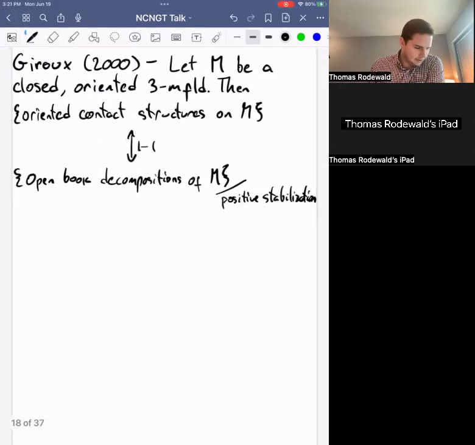So we're going to use open books to classify Stein fillings of contact structures on L(p,q) up to symplectomorphism.